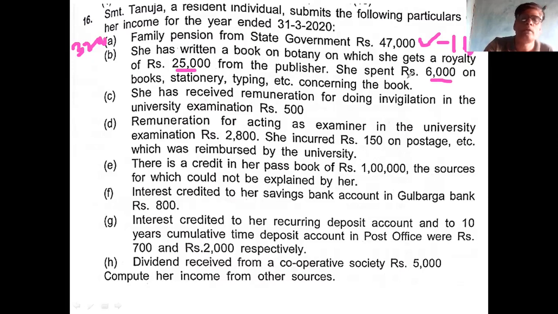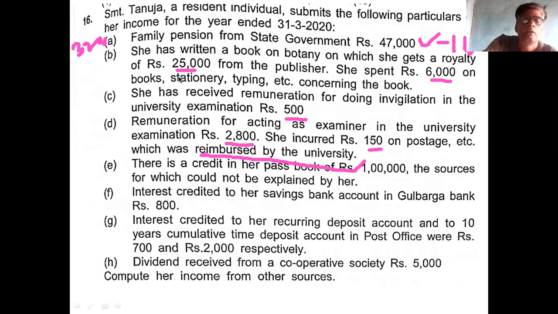This is the second point answer. And the third point is she has received remuneration for invigilation 500. This is the direct one. Remuneration for exam work is 2,800 and postage 150 is not allowable, because it is reimbursed by the university. Reimbursed means it is repaid by the university, therefore it is not an expense.